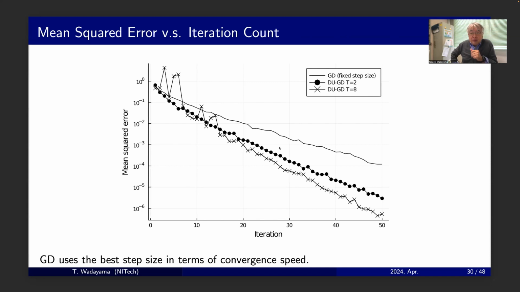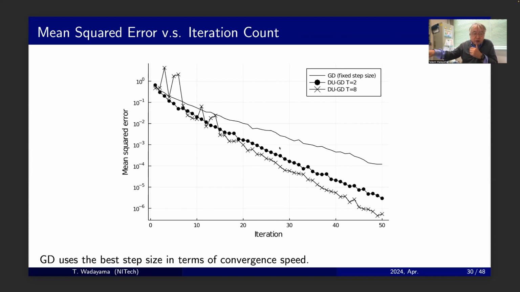So the smaller is better; we prefer smaller errors. And the horizontal axis represents the iteration count, the number of iterations. This figure shows the relationship between mean squared error and iteration count.